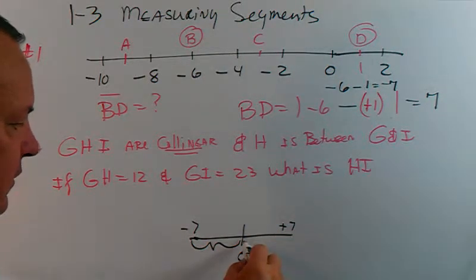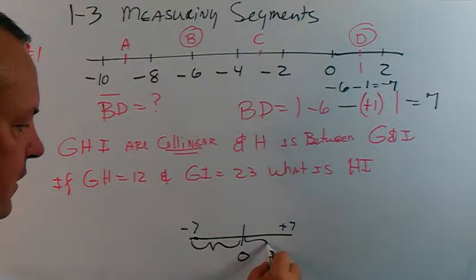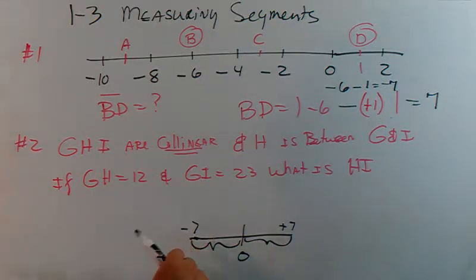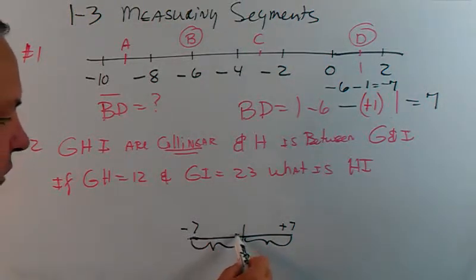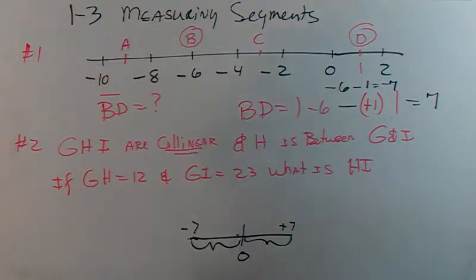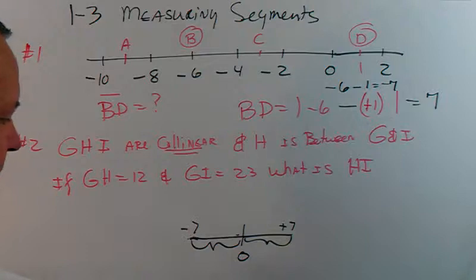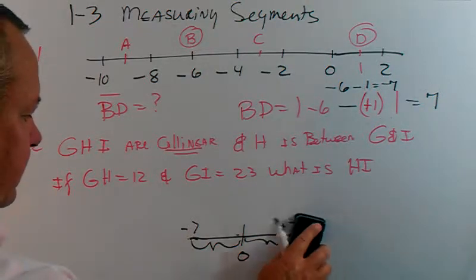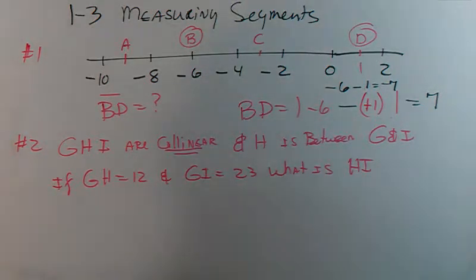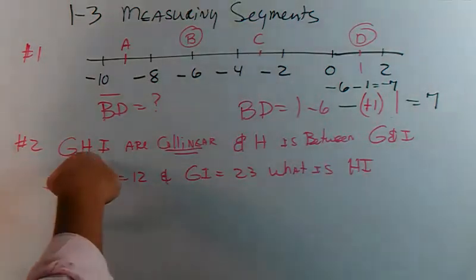That's +7. So regardless of whether it's negative or positive, the distance is still 7. That's why the absolute value is always positive. A distance is always going to be positive. Okay, we only got 10 minutes on here, so let's see what we got here.